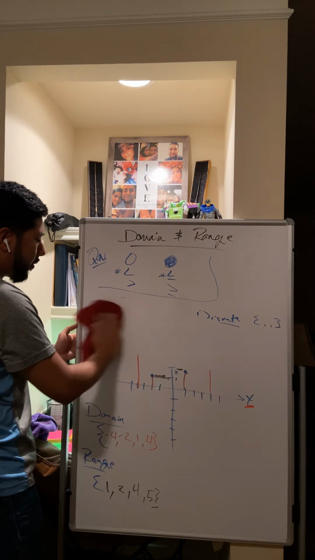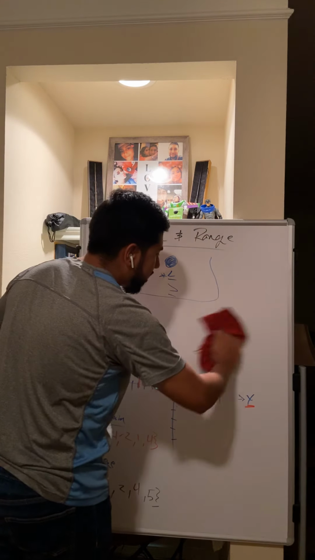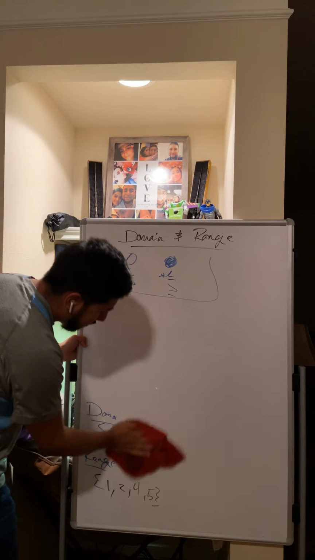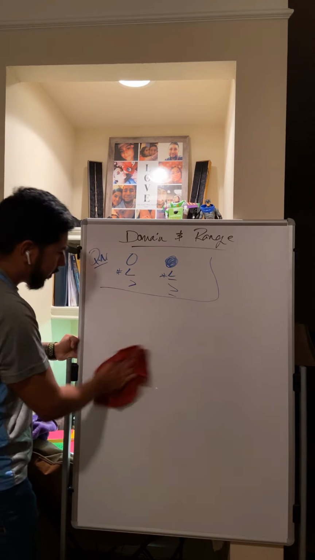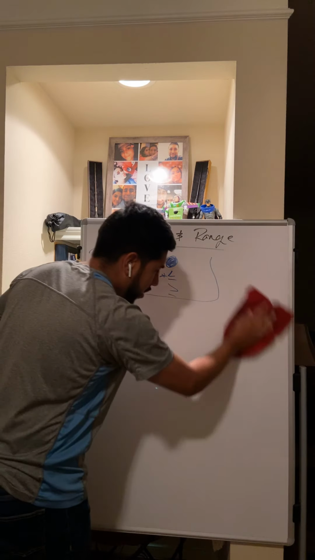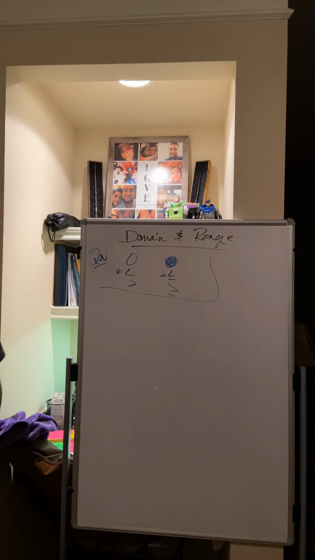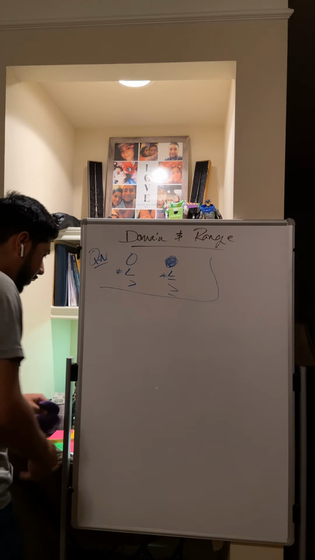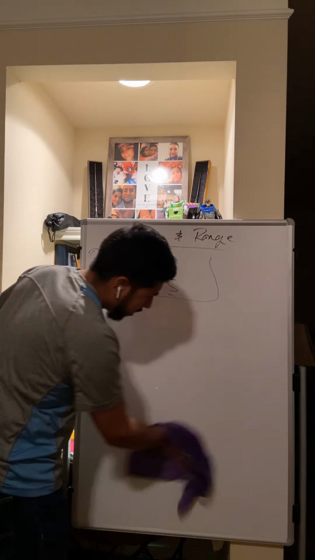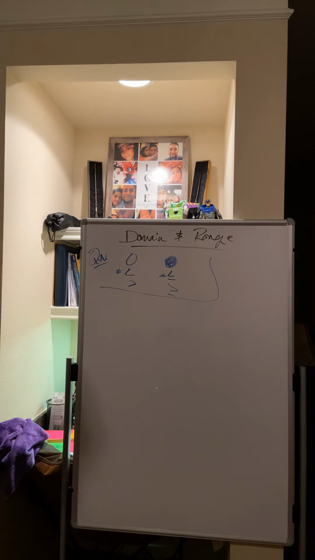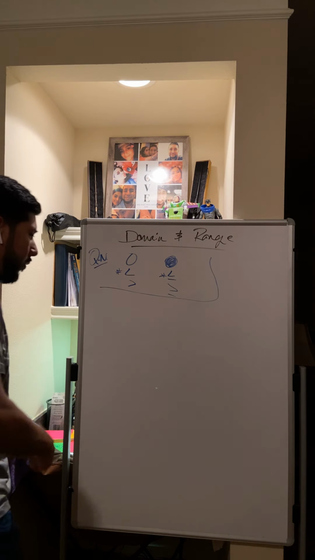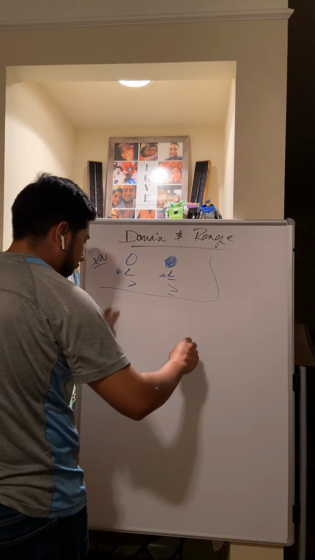Okay, next example. Obviously, we just did a discrete graph, so now we're going to do a continuous graph. It's going to be pretty straightforward. But of course, since this is a continuous graph, I'm going to do it right here so I can do all my work right here.